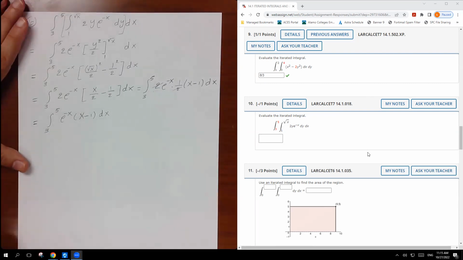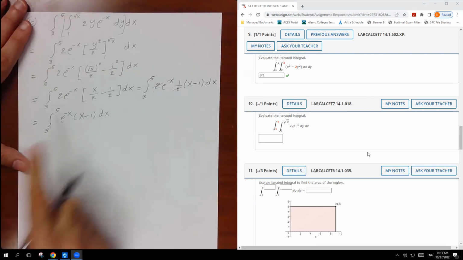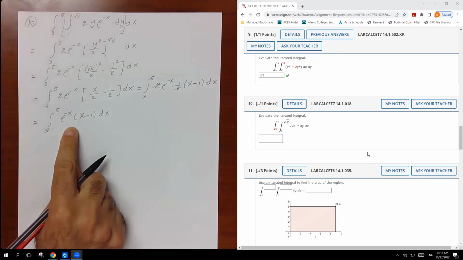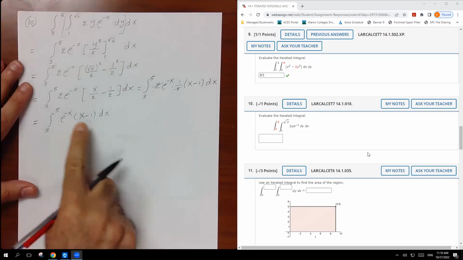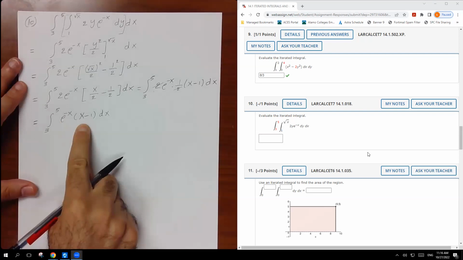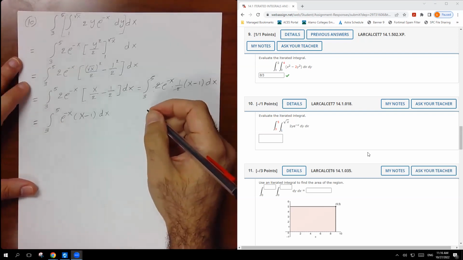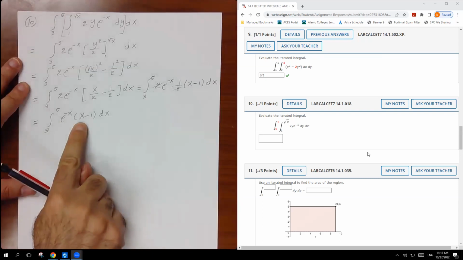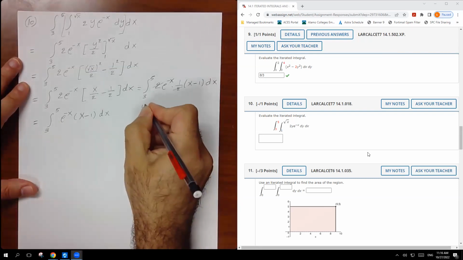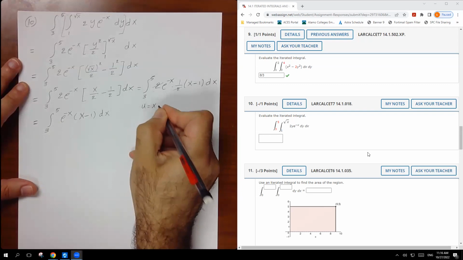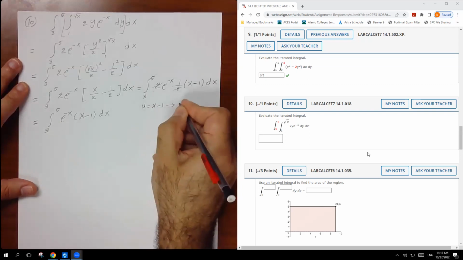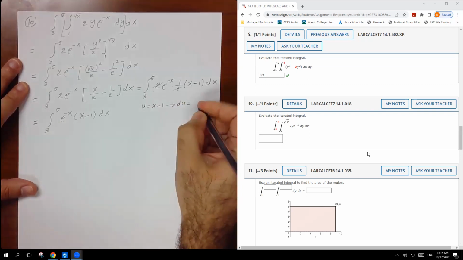So now we're going to do the integral by parts because we have e to the negative x and x minus 1. So let's check here. We're going to let u be, since it's easy to find the derivative, x minus 1. That means du is going to be dx.